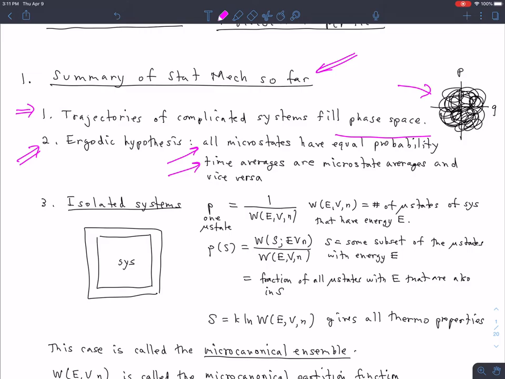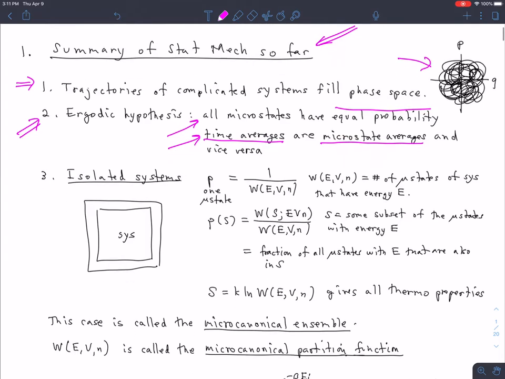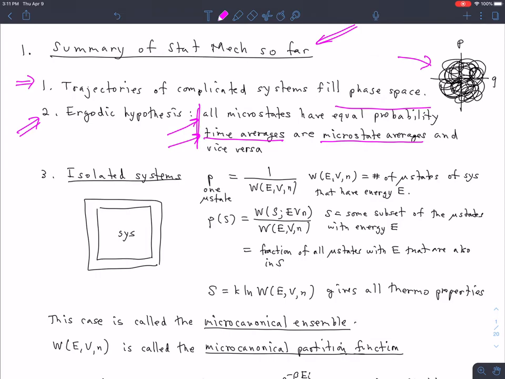It also says that if you are doing something experimental, where you're making some measurement repeatedly, and then you time average those results, then that should give you the same result, if you do enough of it anyway, as what you would get if you just averaged over all the possible microstates of the system. And both of those things together, the ergodic hypothesis stated either way, lead immediately to our understanding of probability for an isolated system, which says that the probability of any one microstate is just 1 over the number of microstates that are available.